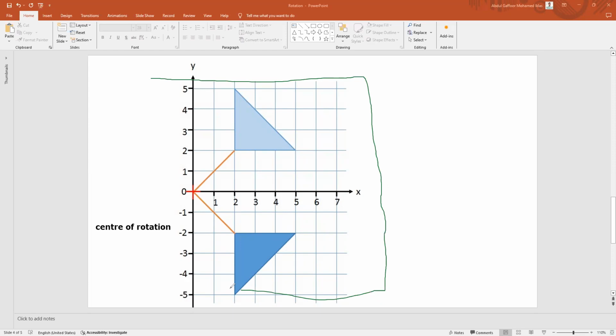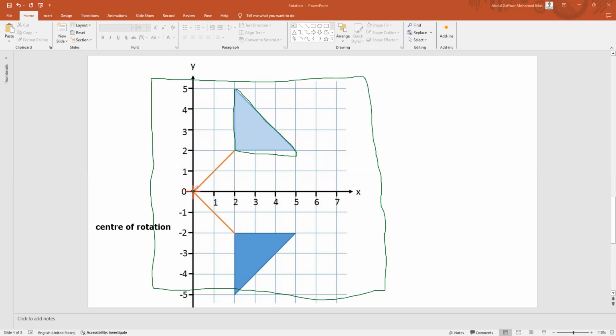Tracing paper is a transparent paper through which you can see the figure in the coordinate grid. Here you trace the object using a pencil. This is the pre-image and we have to rotate it through 90 degrees clockwise, and this is the center of rotation. They will mention the center of rotation as well.